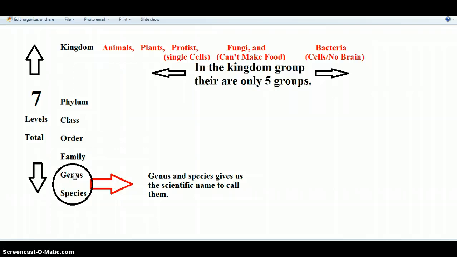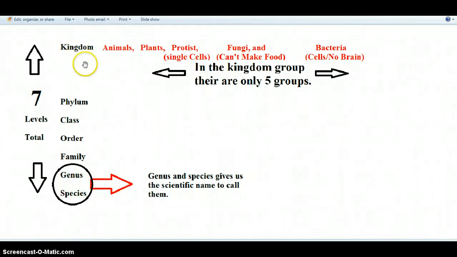For example, if I say I want a can of soda, down south in the United States, they might say, oh, that means pop. But if we went over to Japan and said, I want a soda, they might be looking at you like, well, what's a soda? So Carl Linnaeus invented these 7 levels to give us that scientific name that we can use to talk to any scientist around the world. So let's quickly do an example here.